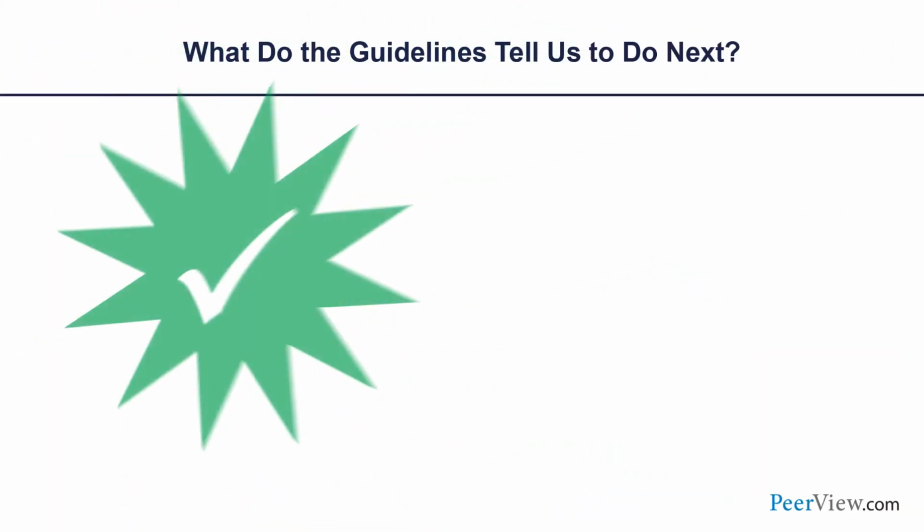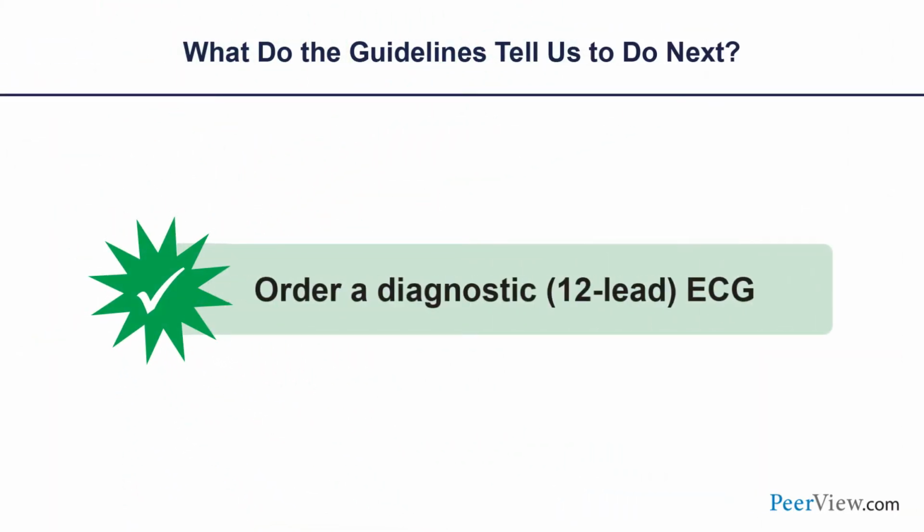What do the guidelines tell us to do for the management of these patients who have heart failure and who have CKD as well? Well, one is the evaluation, and the other is optimization of medical therapy. We should be particularly careful about abnormal ECG in patients with CKD because patients with chronic kidney disease are at a particularly higher risk of adverse cardiovascular outcomes and cardiovascular disease, especially both subclinical coronary artery disease or subclinical heart failure.